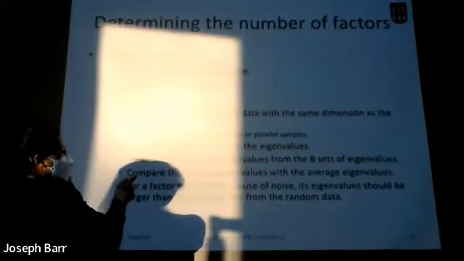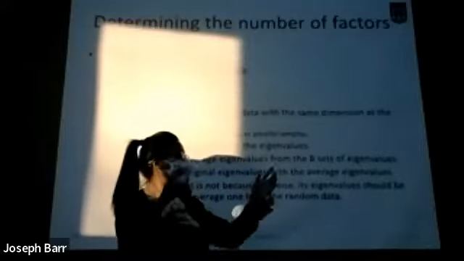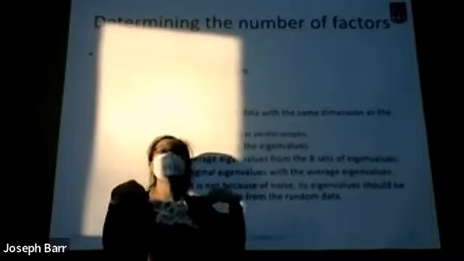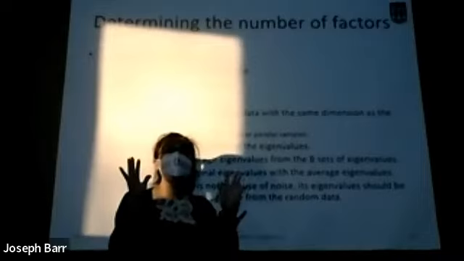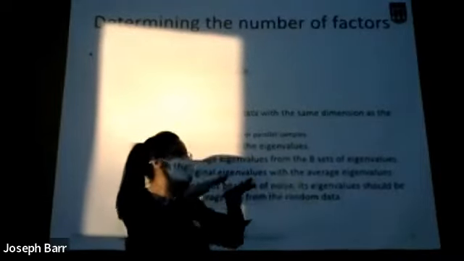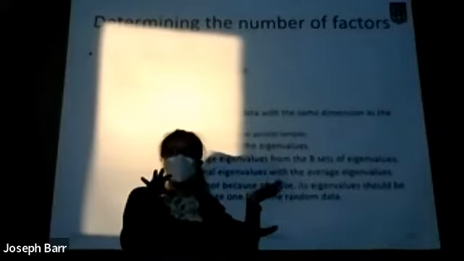Then we compare the original eigenvalues with the average eigenvalues. The average of the 1,000 sets of eigenvalues is treated as our baseline, because these are generated from random noise. We don't have any special structure in those random data, so they are like our white noise. We compare our original eigenvalues with the white noise.